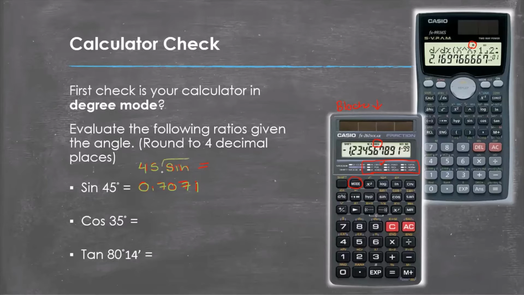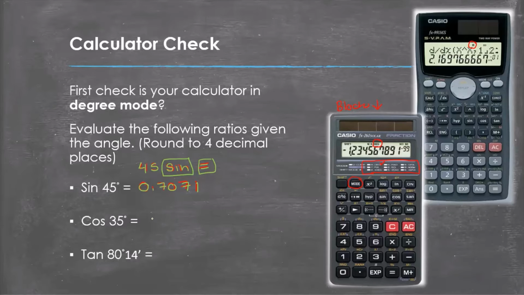You don't have to do any shift or anything. You'll press the sine button and then press equals. Actually, I guess you don't even have to press equals. In some cases, you have to press equals, in some cases, we don't. So, okay, so 45 sine. If you're not sure, hit equals. That will give you the sine of 45 degrees.